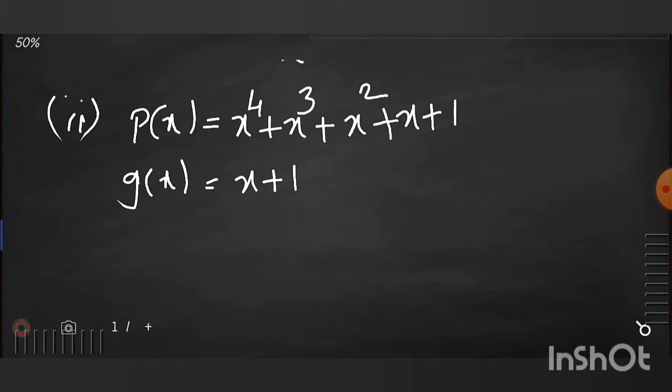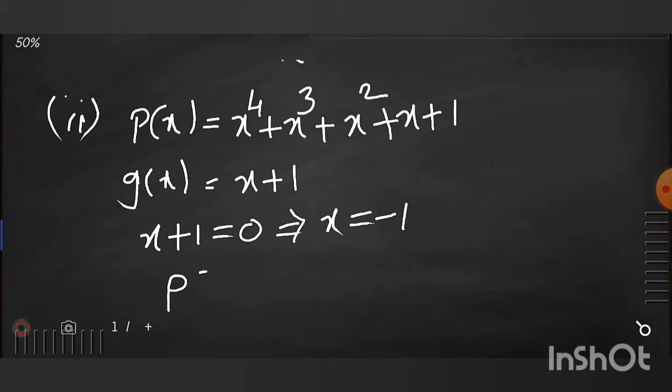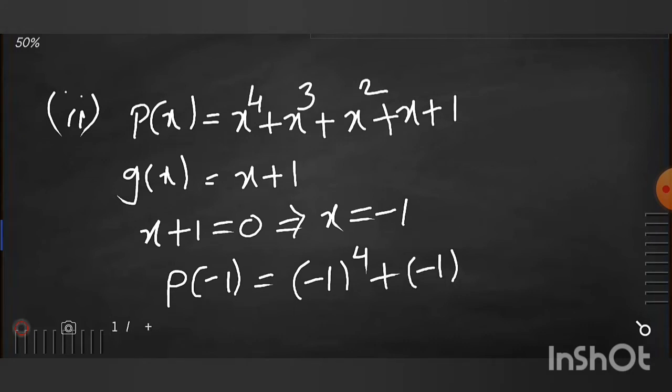Now again we have to find the x value, the same process: x plus 1 equals 0, from this x equals minus 1. Now p of minus 1 equals minus 1 power 4 plus minus 1 power 3 plus minus 1 power 2 plus minus 1 plus 1.